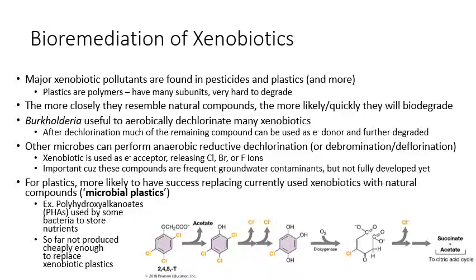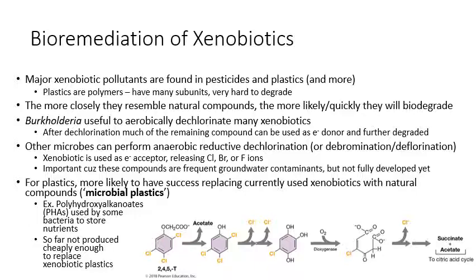You also have anaerobic dechlorination that's performed by a number of different microbes, which would be, of course, an anaerobic process, so it does not require oxygen. In this case, the xenobiotic would actually be used as the electron acceptor for anaerobic respiration. And in that process, the chlorine atom would be removed from the compound.